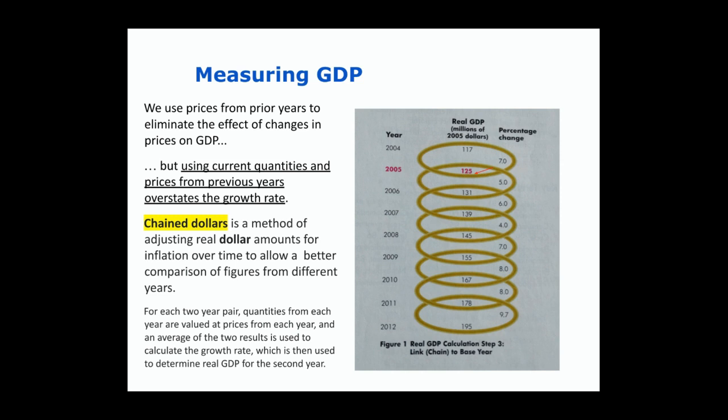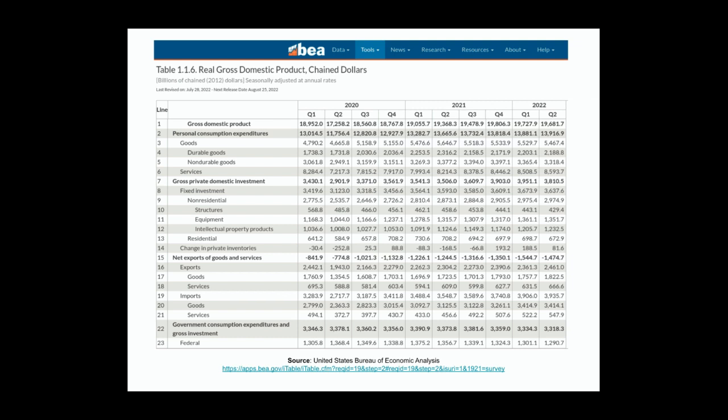Now, we can see here when we look at the chained real GDP, instead of being 24 trillion, it's 19 trillion. So again, this is backing out the effects of price changes from our real GDP calculations.